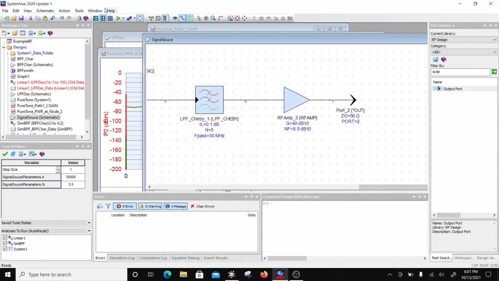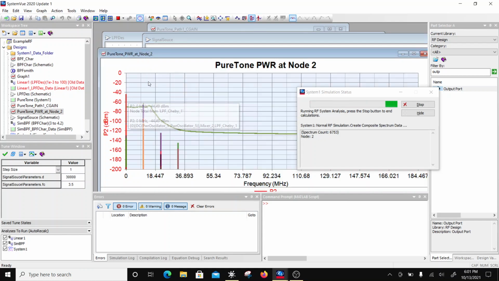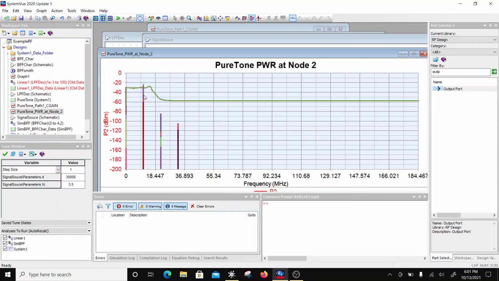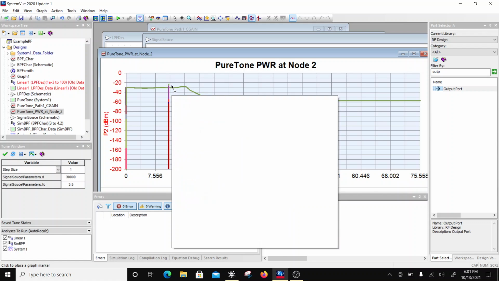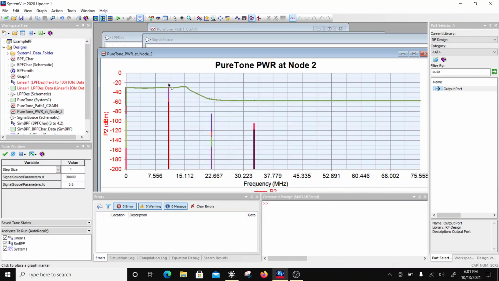Okay, so now if I was to simulate this again, okay, everything has gone up, doesn't matter. So now the power is at minus 23 dBm. Now usually if you look at the specs of ADCs, you will get a certain dynamic range.